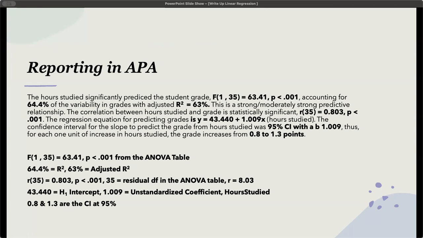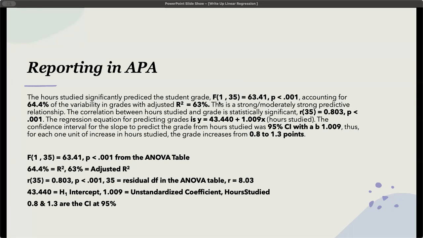So how would we do the full write-up then in APA for this linear regression? Okay, so we're going to use both the causal relationship followed by the prediction. And in the text, I've bolded the numbers and I'm showing below where the numbers are coming from. So the hours studied significantly predicted the student grade. We've got the F statistic.